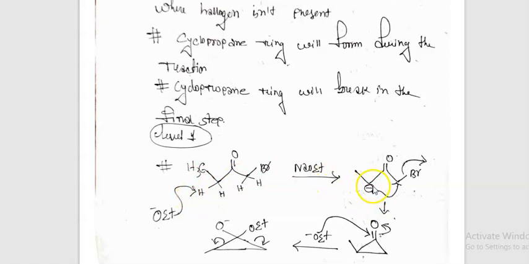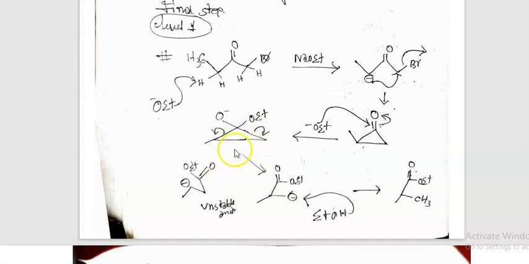The negative charge can attack that side where halogen is present, and that is why the halogen departs, and a cyclopropane ring will be formed. And again OEt negative can attack here, and the double bond is shifted so that O acquires the negative charge and OEt is attached. At the final step the ring will break.